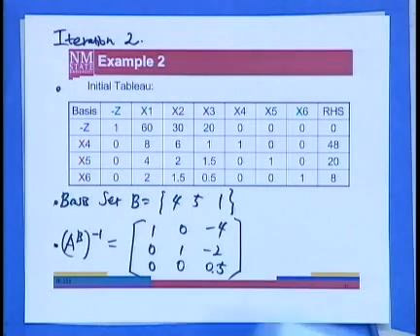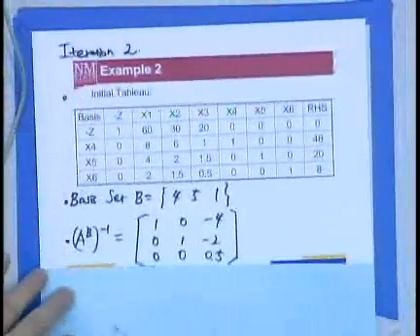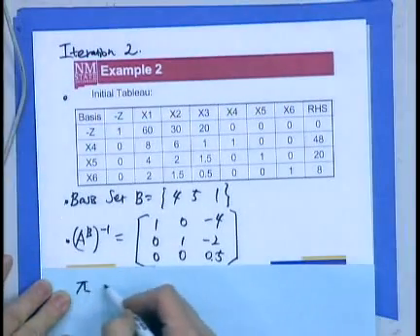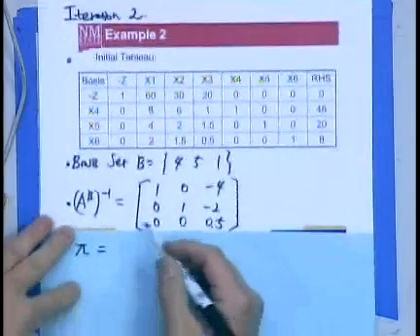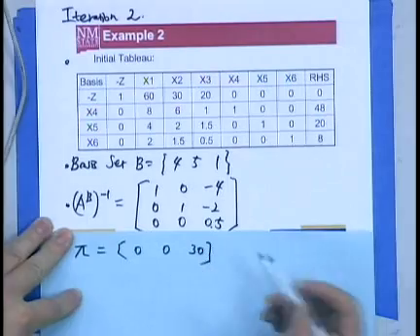And the simplex multiplier vector, which is represented by pi, has been obtained: 0, 0, 30, right?